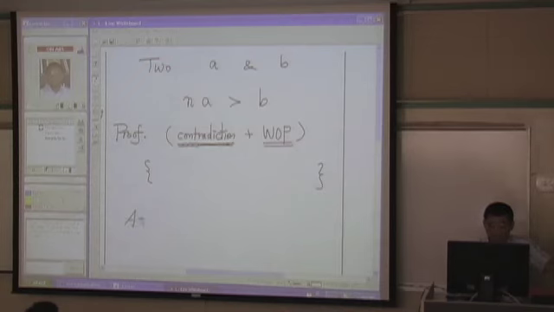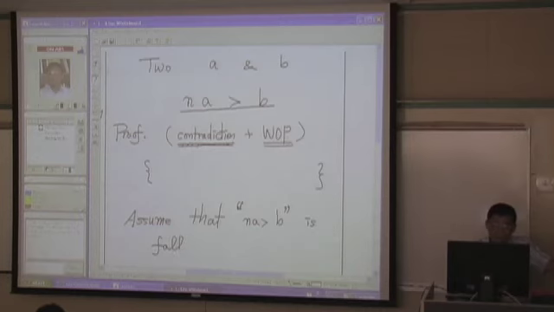Assume that this result is false. This is the typical technique. All the time you should follow this pattern. Assume that the statement here is false, false for all n.